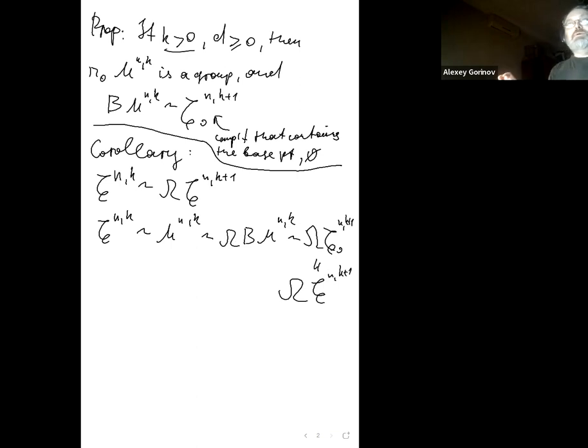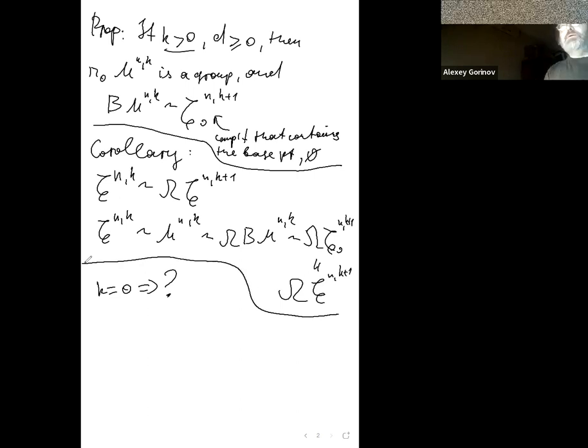Now, the case k equals 0 is more difficult. So, what happens when k is 0?